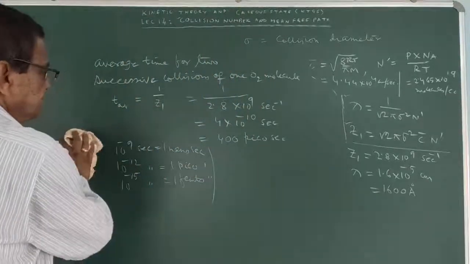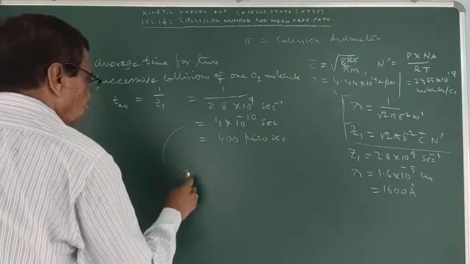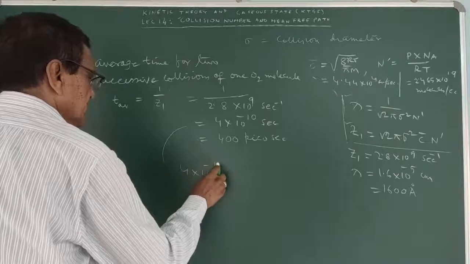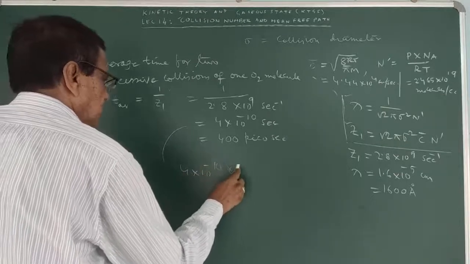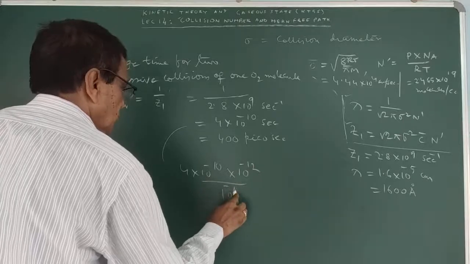It could be written as 4 into 10 to the power minus 10 into 10 to the power minus 12, divided by 10 to the power minus 12.